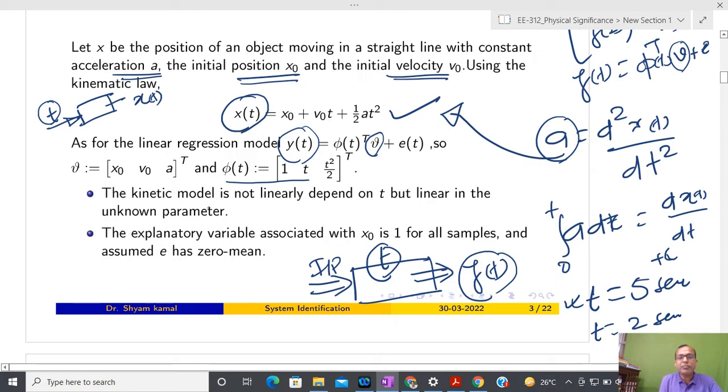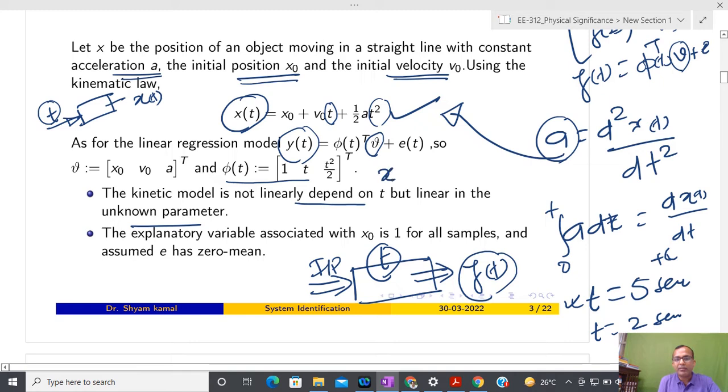So this kinetic model is not linearly dependent on t, but linear in the unknown parameter. With respect to time t this system is non-linear, but with respect to nu, if I write it in this matrix form, then it becomes linear. So the relationship between output y(t), which is nothing but x(t) here, is linear.